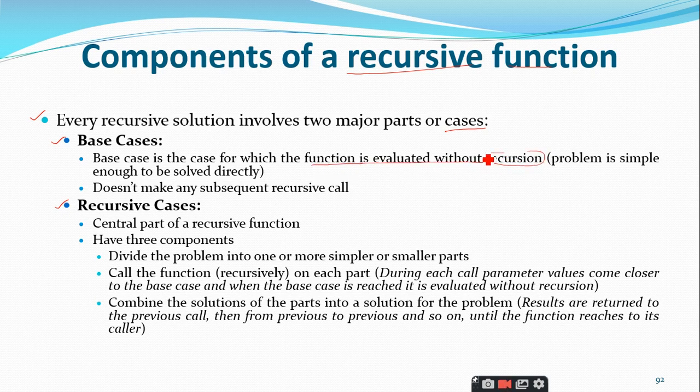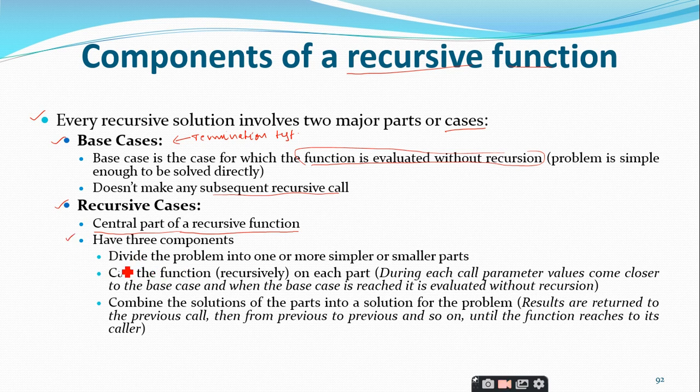No recursion takes place here, no repetition takes place here, and this is used to stop the recursion. So it does not make any subsequent recursive call. That is the reason why we call it the termination test. This particular case will tell you when to stop the recursion, termination. And similarly, the recursive case is the base of any recursive function, the central core part of the recursive function.